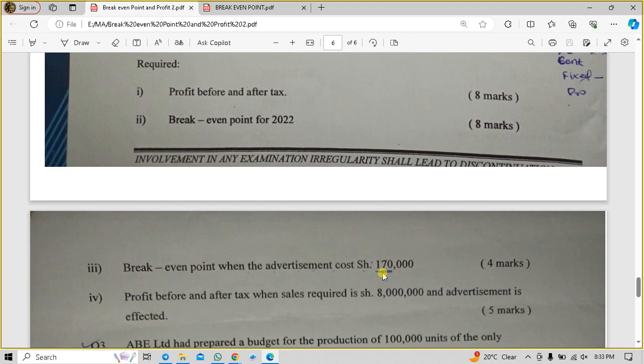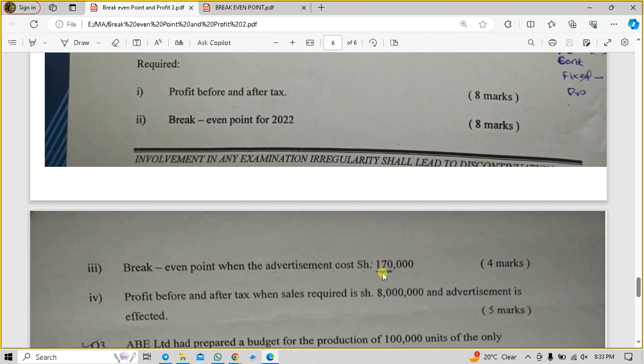Is it variable cost ama ni fixed? Acha tuone Google itatuambia nini. What has Google said? Yes, it's a fixed cost.